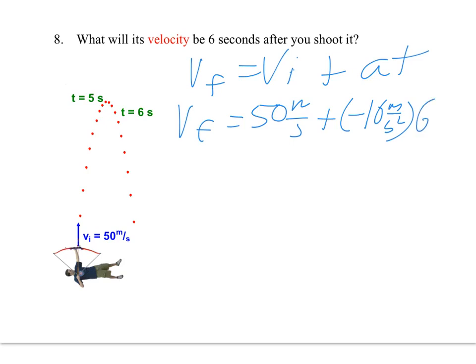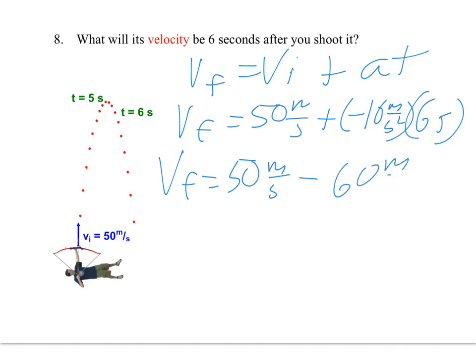If I sub in for a time of 6 seconds, now look what happens. VF is equal to that 50 meters per second, and again I'm going to pull that negative sign out because we are going to do a subtraction. But now I've got 10 times 6, so we've actually got, look at this, 60 meters per second. And so I wind up with a final velocity of 50 minus 60, which is negative 10 meters per second.